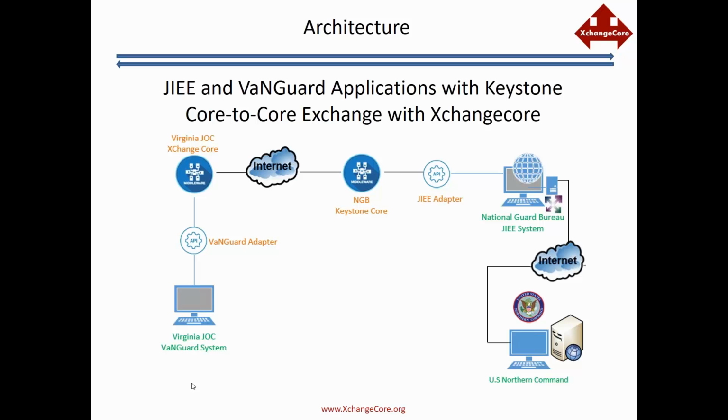And then an adjunct to that system was inside of the .mil network, and that should actually be private internet, goes out to the U.S. Northern Command that is using a different software called SAGE. So we had lots of things under play here, and it ended up being a very nice example of what we can do.